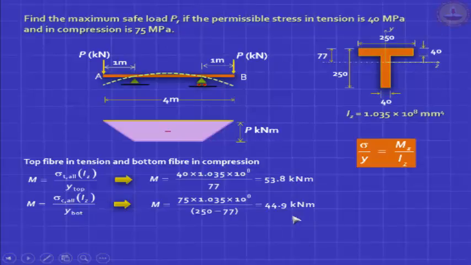You get a lesser value, 44.9 kilonewton meter, or P will be 44.9. So which will govern the design? This will govern the design. Because if you put a higher moment than this, they are going to exceed 75 MPa. So the lower one is going to govern the design, and that's the answer. So the P allowable is 44.9.